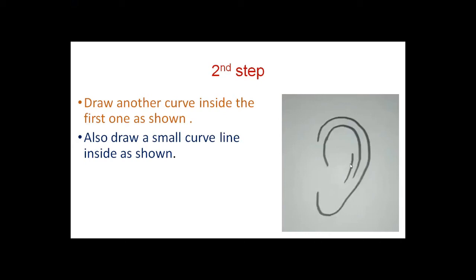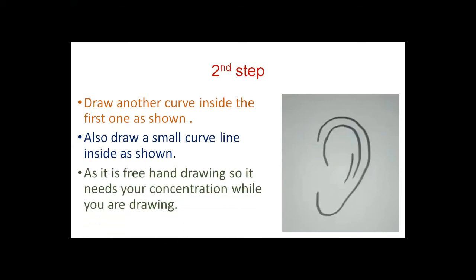This is the small curve line inside the ear. Okay, and as it is freehand drawing, it needs your concentration while you are drawing. You will observe the diagram and concentrate on it and draw the different lines which show the actual picture of the diagram.